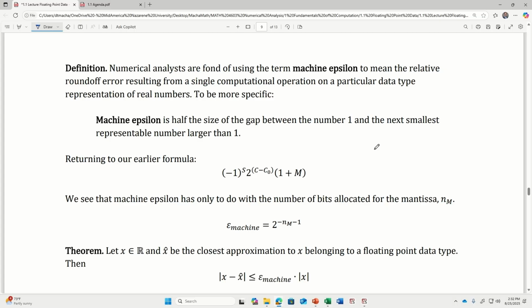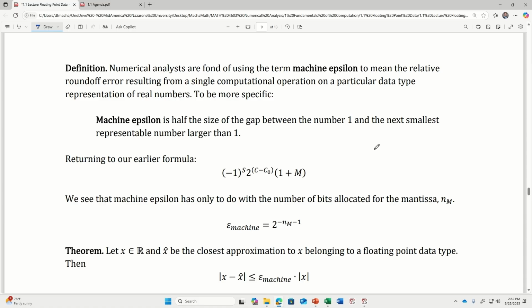And then lastly, for the number 1, I would make sure that my mantissa was all zeros, so that this would be 1 plus 0. That's how I would represent number 1. To get the next representable number larger than 1, but still as small as possible, I would keep the characteristic the same because I don't want to make big changes. I want to make a small change. So I'd change my mantissa to be all zeros, but with a 1 at the end, right?